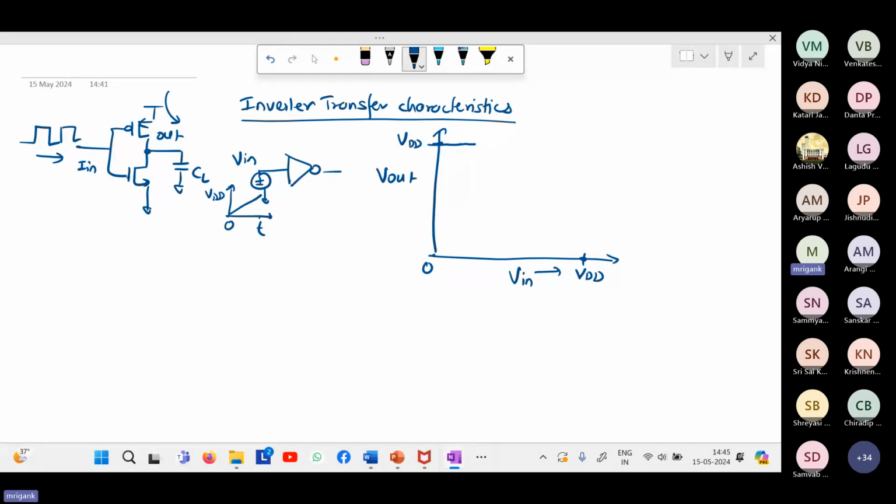Because initially the output is high because NMOS is off, PMOS is on. Till the time the input voltage reaches the threshold voltage of the NMOS, the current in the NMOS is very less, and as a result, the downward path remains off. But the moment you reach VTN, you start turning on the NMOS. Now the NMOS is also starting to sink current.